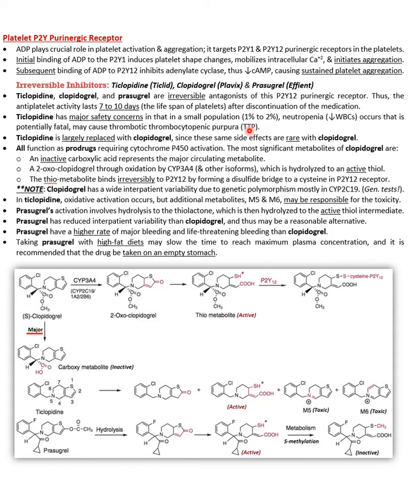I'm not much concerned about the mechanism of how this occurs, but let's focus on the fact that ticlopidine has a major safety concern, and that's why it has been largely replaced by clopidogrel, because these side effects are rare in the case of clopidogrel.